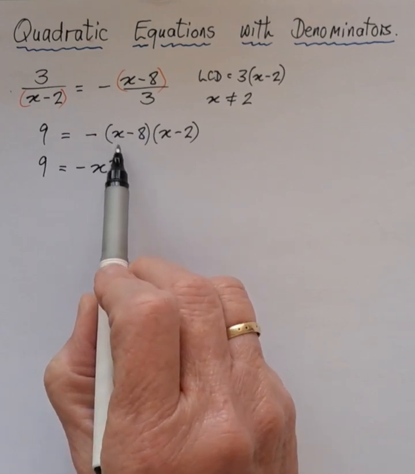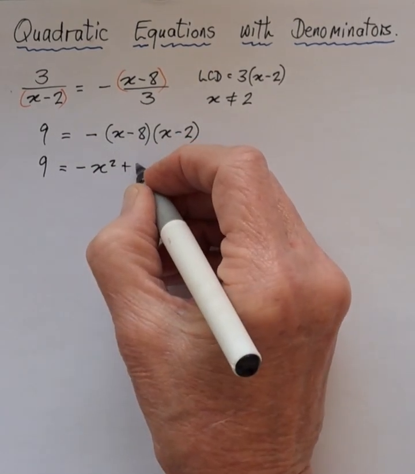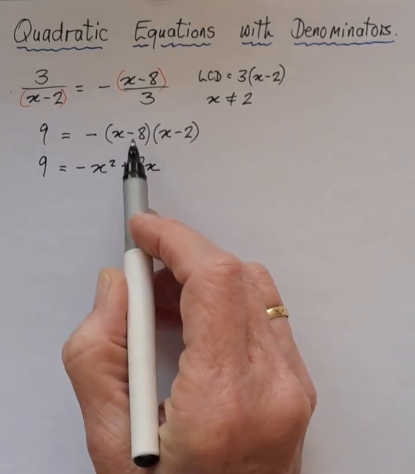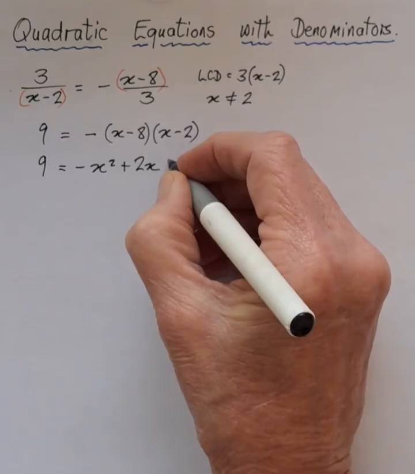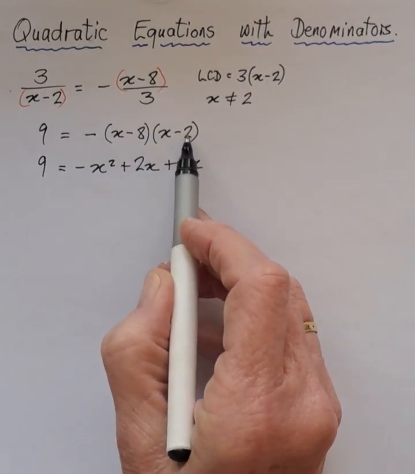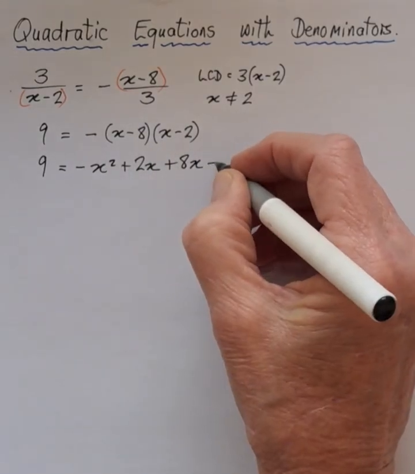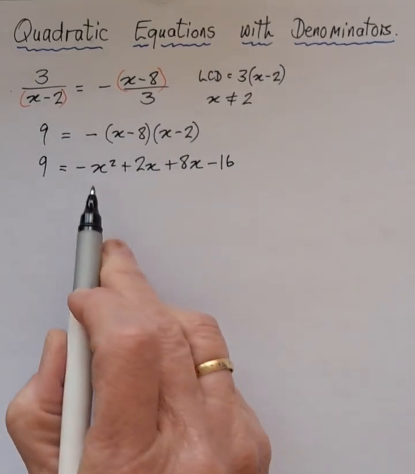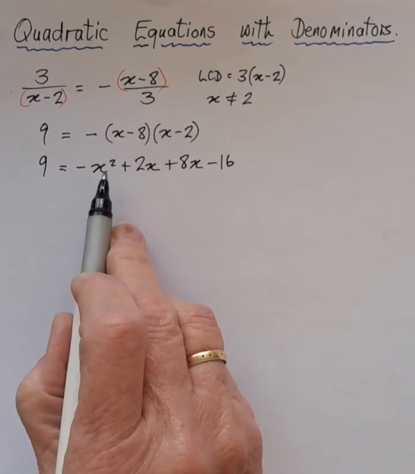Outers, this will give me negative 2x times the negative will be positive 2x. Inners, negative 8x times the negative will be positive 8x. And this will give me positive 16 times the negative will give me negative 16. So I am seeing that it is a quadratic equation because it contains an x squared term.